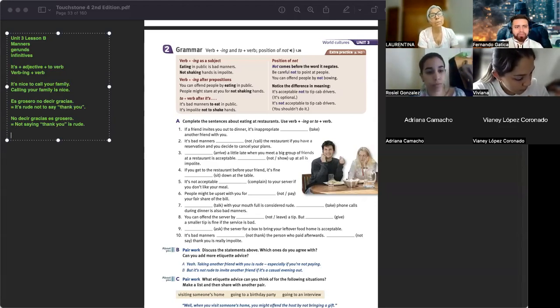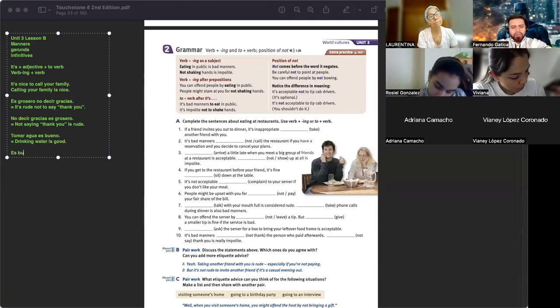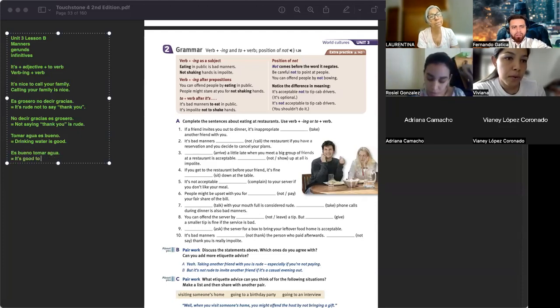All right. How do I say tomar agua es bueno? Drinking water. It's good. Drinking water is good. And how do I say es bueno tomar agua? It's good to drink water. Good.